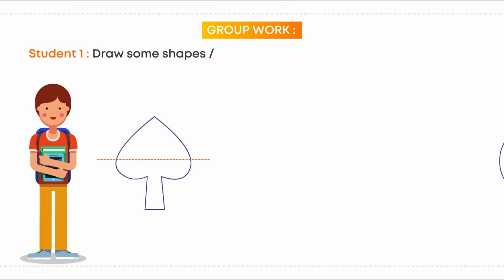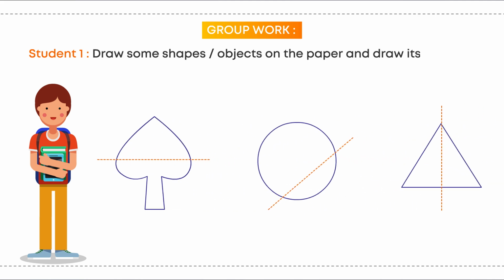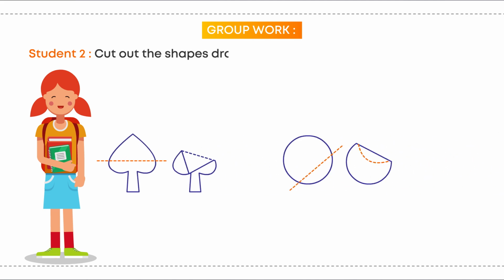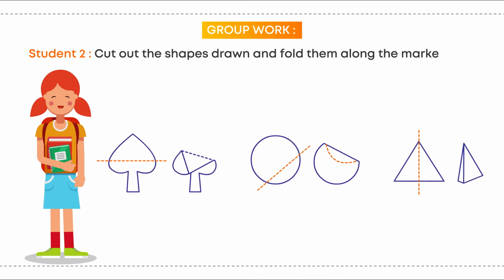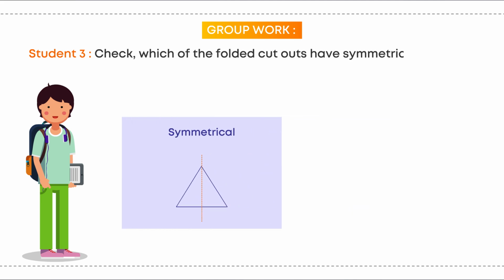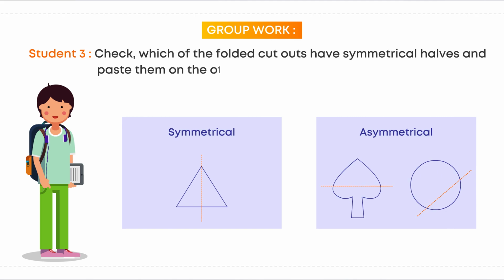Draw some shapes objects on the paper and draw its possible lines of symmetry. Student 2. Cut out the shapes drawn and fold them along the marked line. Student 3. Check which of the folded cutouts have symmetrical halves and paste them on the other sheet as shown below.